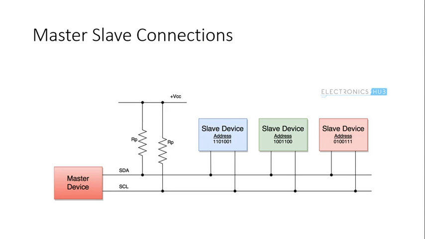Here you can see one master device connected and a number of slave devices present, and for every slave device there is one unique address. By giving that address, it identifies which slave it is currently communicating with. In that way the master works with the slave.